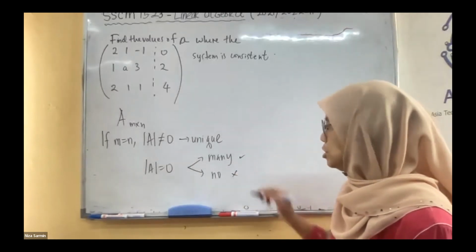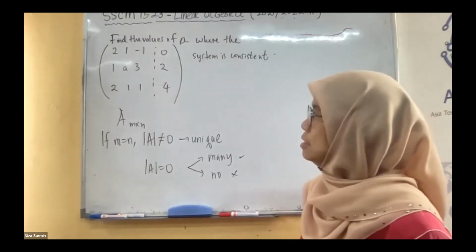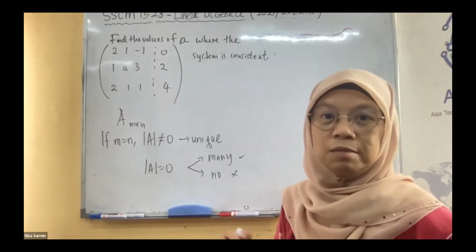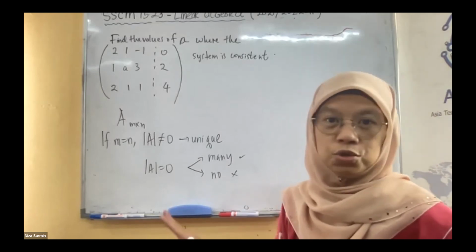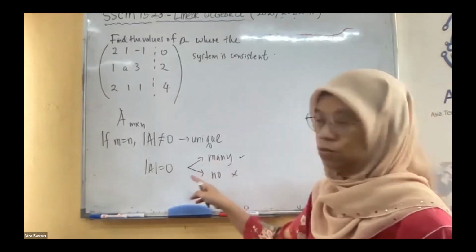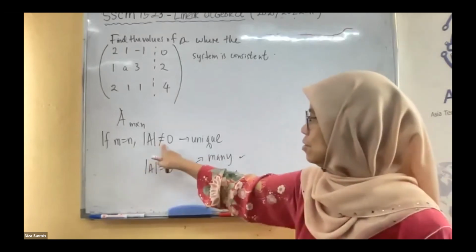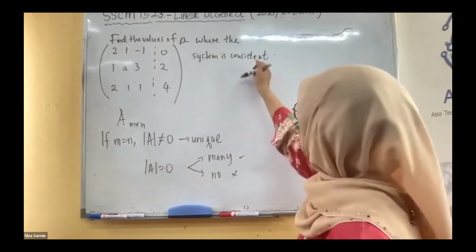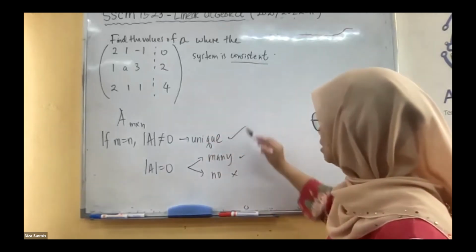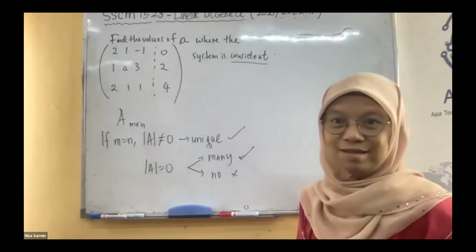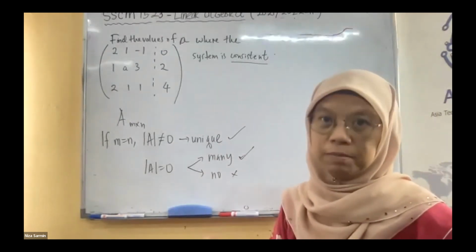If it's no solution, it's not consistent. So if you find the determinant, you want to let determinant is 0 and then you set for consistent, no. Cannot use determinant. You can only mention about not unique if this is not 0. But the question is consistent. And consistent involve unique and many. Okay, so for this particular one, you cannot use determinant. All right.